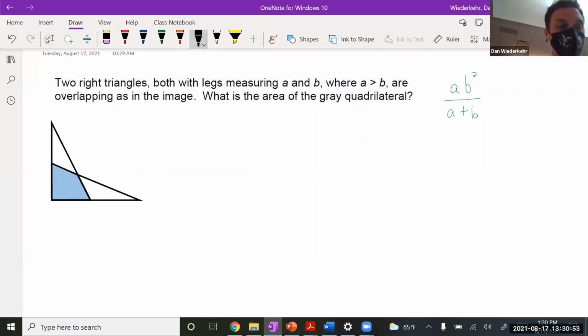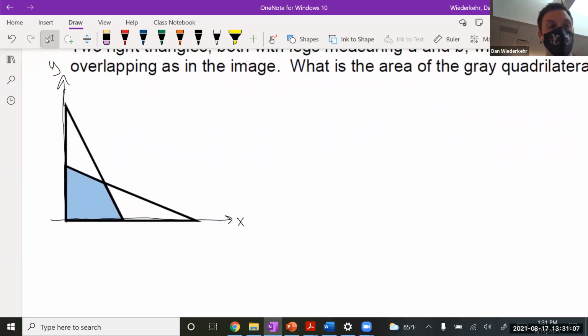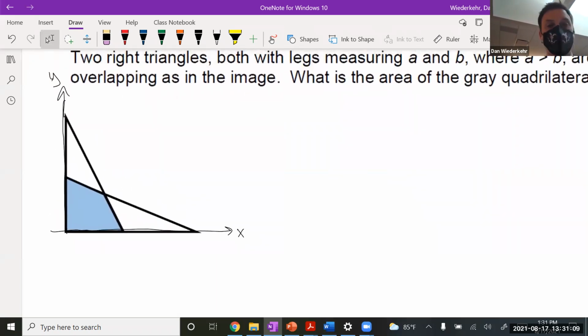Okay, so I'm going to look at this as kind of being our xy axis. And we're going to use coordinates then to solve this. Depending on the other things that you know about, like related rates of change or combined rates, you may see some stuff pop up here that looks familiar.